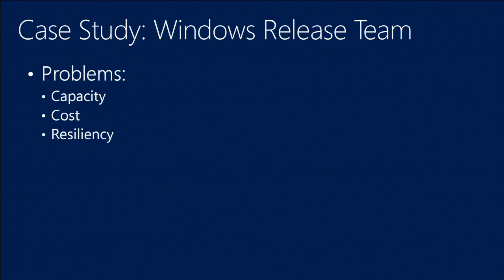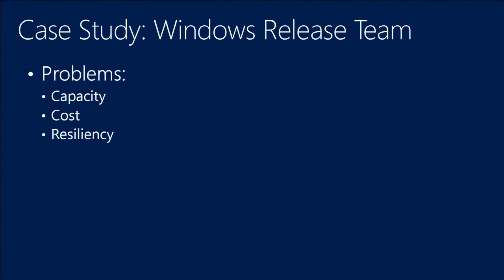But this team had several issues. First of all, while they had 2 petabytes of raw capacity, because Windows does builds every day across all these different branches, it was only enough to store 5 days worth of data. The cost of their deployment, because they're using a mix of traditional storage and servers with storage, was astronomical.